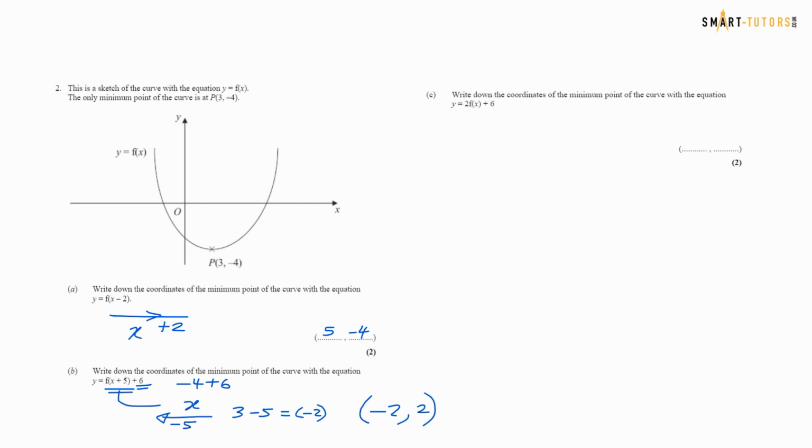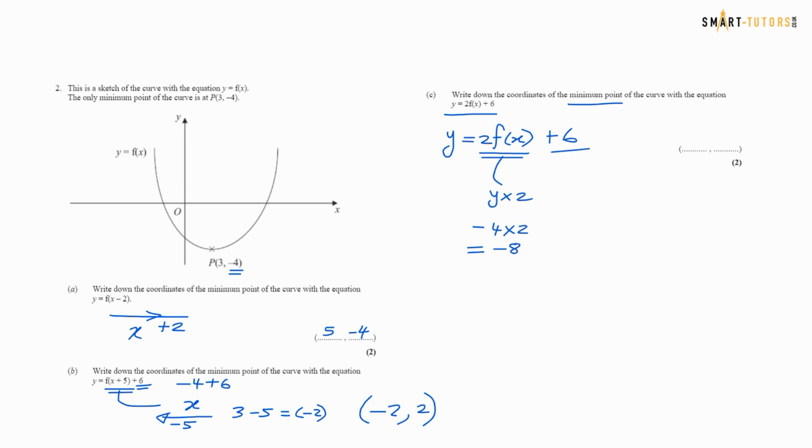C part, write down the coordinates of the minimum point of the curve with the equation y equals 2f of x plus 6. So 2 times f of x, you need to do it section by section. 2 times f of x means the y coordinate is multiplied by 2, so minus 4 times 2 is minus 8.